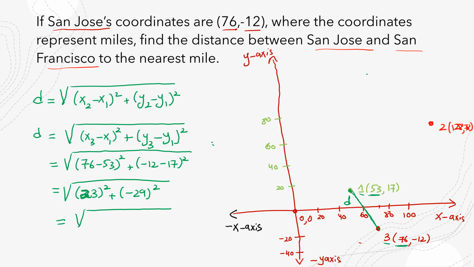Further expanding on that, 23 square is equal to 529, whereas negative 29 square is equal to 841. Adding the two, I have 1370 under the root. That is equal to 37 miles.